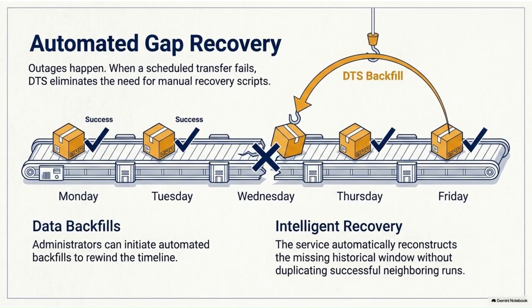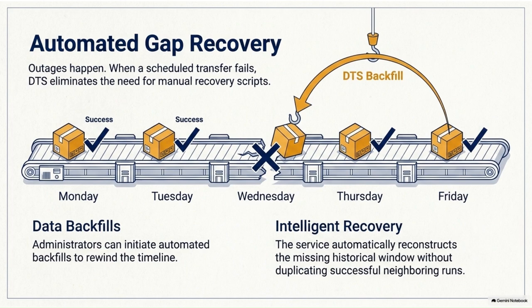How does DTS now handle the gap? There could be a gap, and on Monday or Wednesday, if you understand from the conveyor belt scenario displayed on your screen, you can think that some outage happened and it needs a recovery.